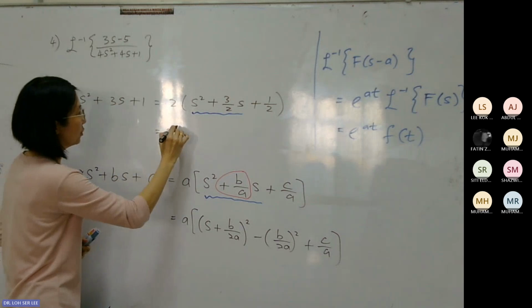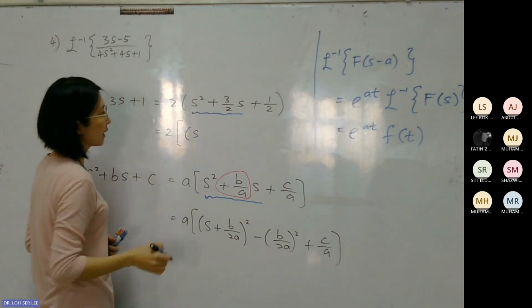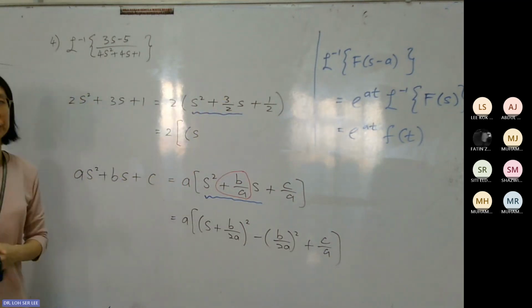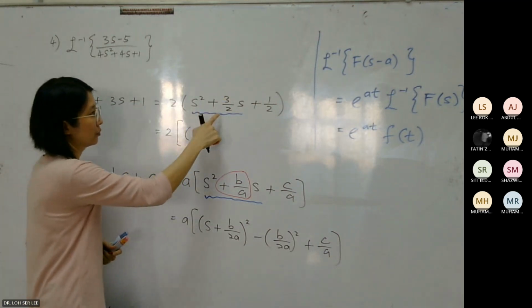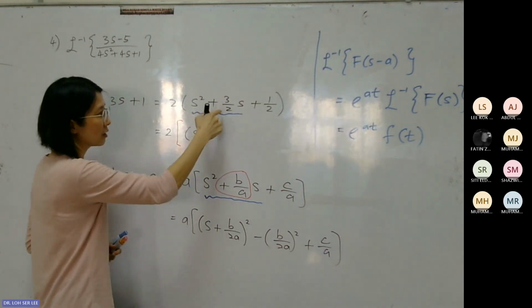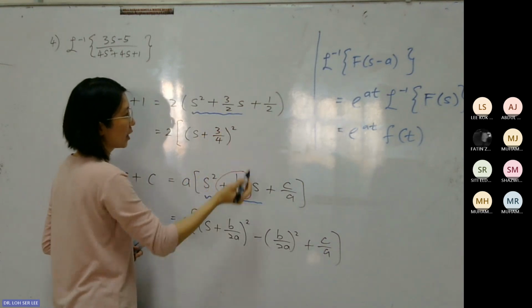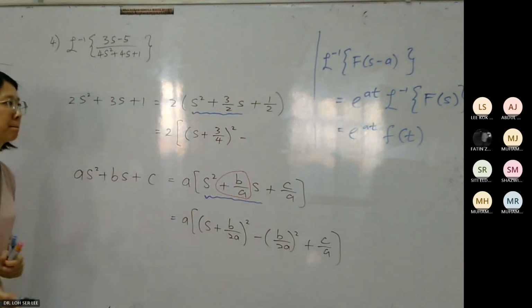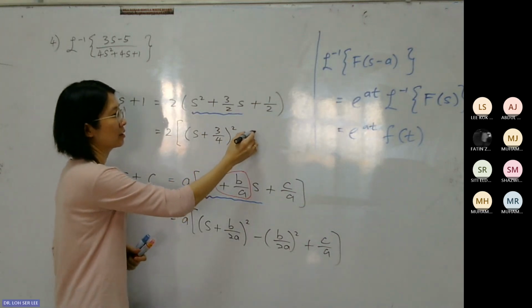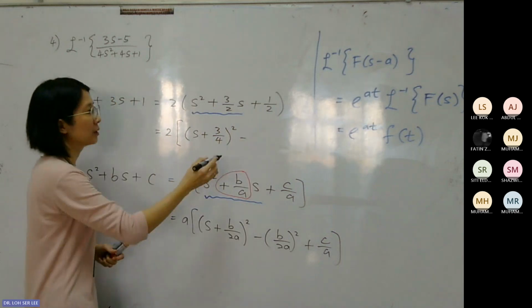Now 2, give a big bracket. S squared, open the bracket, s plus 3 over 2 divided by 2, plus here will be plus, 3 over 4. Close the bracket square. Minus, what is the value that you need to minus? 9 over 16.